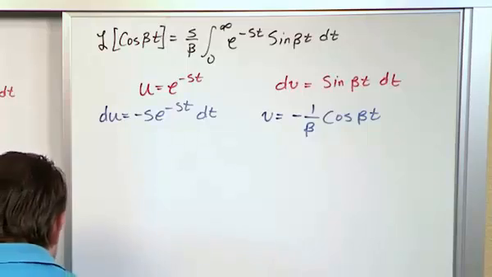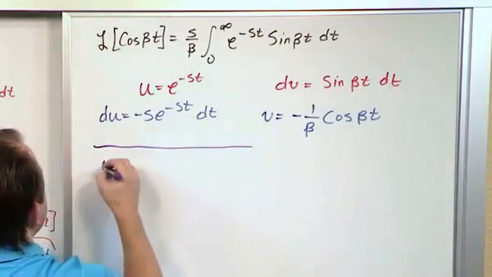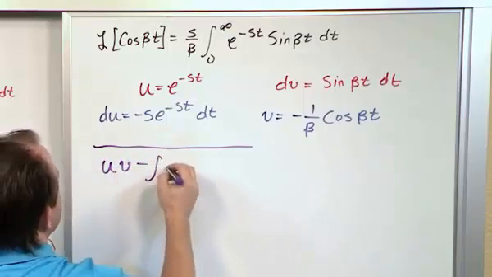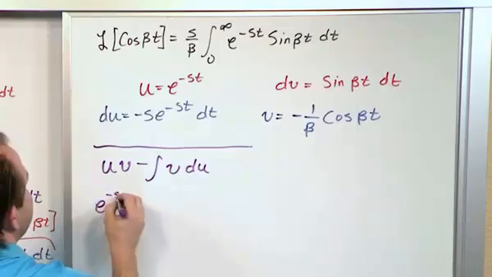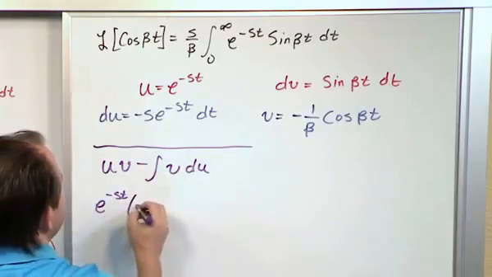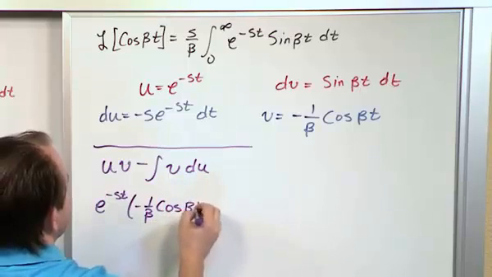So let's go and apply the integration by parts method. So I'll draw a line there, uv minus integral v du. So u is e to the minus st, v is negative 1 over beta times cosine beta t.